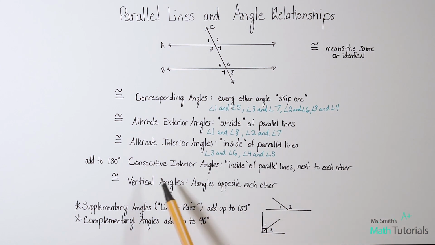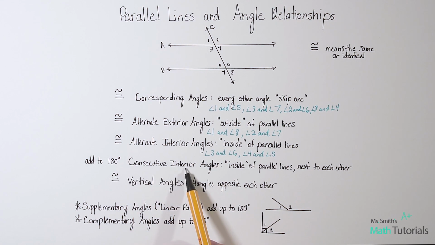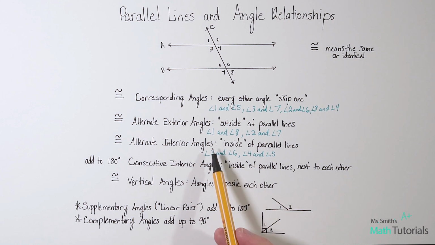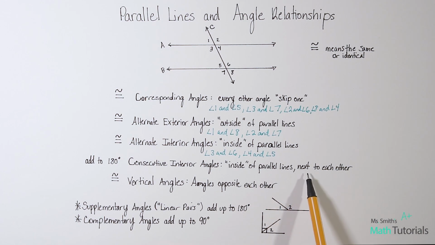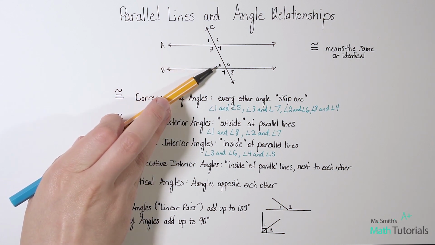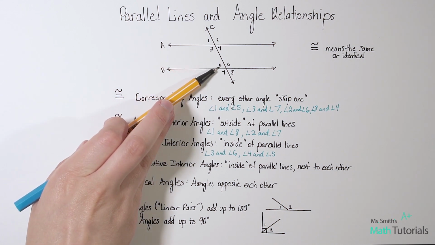All right, our next type of angle is consecutive interior angles. These are inside of the parallel lines, similar to the alternate interior angles. They are also inside, but these are next to each other. So 3 and 5 would be consecutive interior angles.